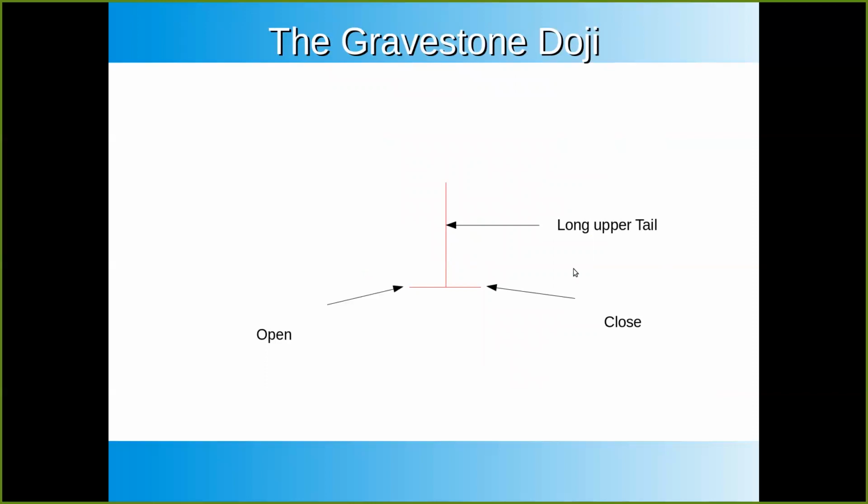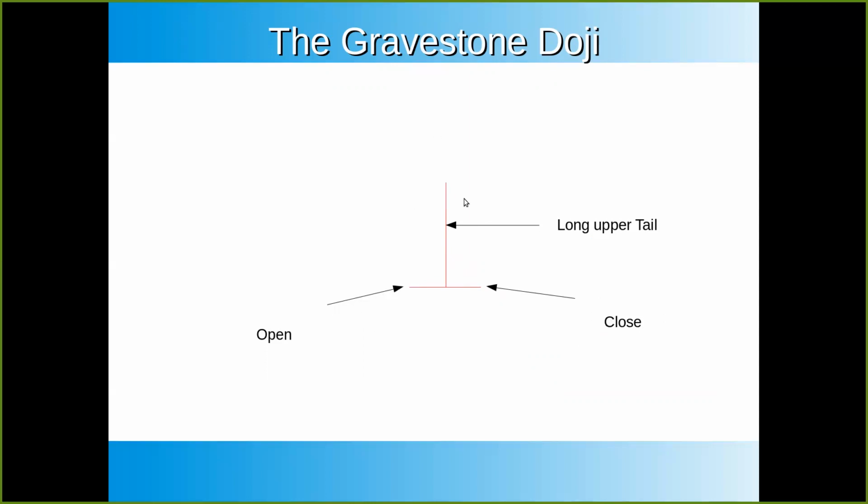All right, now the next one is what we call the gravestone doji. The gravestone is the reverse of the dragonfly. As you can see, the open, the close, and the low are at this point. The buyers push the price up, the sellers push it downward.